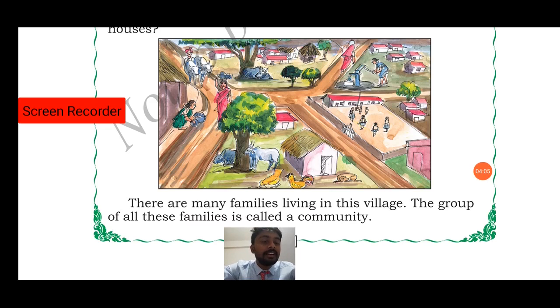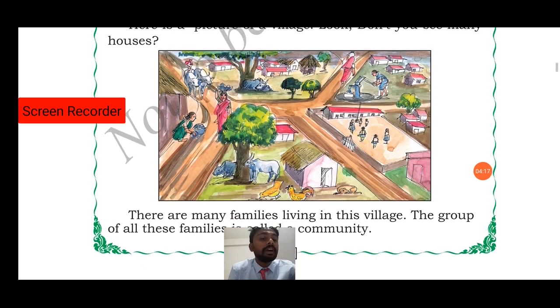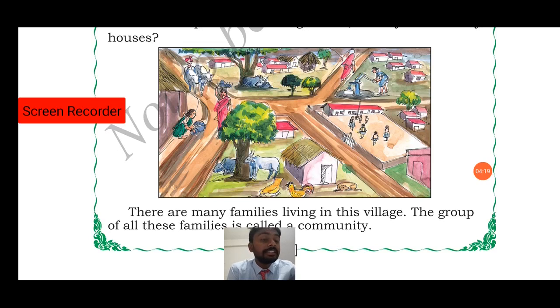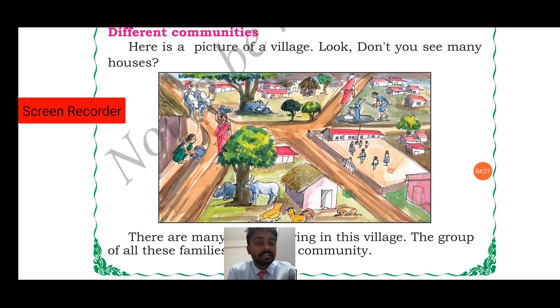You can see the cattle are there. Yes or no? Some animals are there. Trees and plants are there. You can see some huts and some homes are there. So there are many families living in this village. The group of all these families is called a community. So this is a rural community.